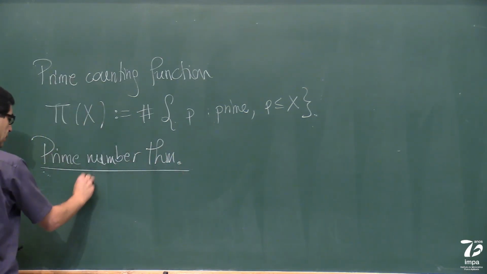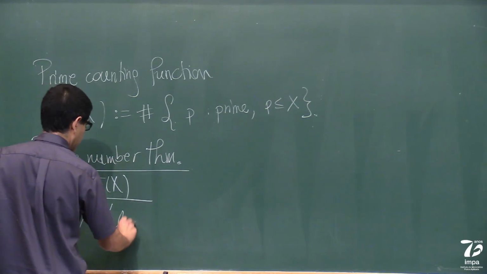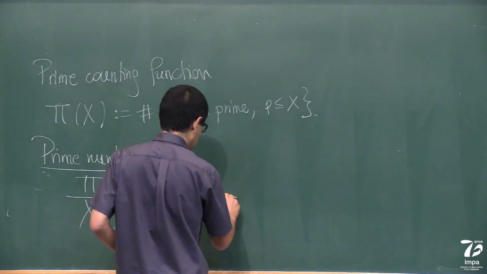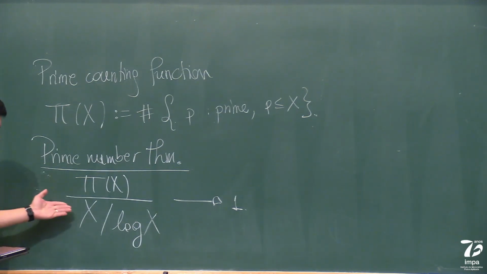It says that this function grows like x over log x, in the sense that the quotient converges to 1. So in other words, the number of prime numbers that are less than or equal to x is equal to x over log x up to a multiplicative constant which is close to 1.